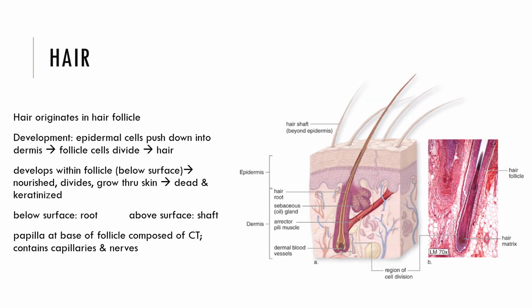So continuing with hair, hair originates in a hair follicle. And how this works is that epidermal cells push down into the dermis. So epidermal cells grow downward into the dermis to form a hair follicle. The follicle cells divide actively.